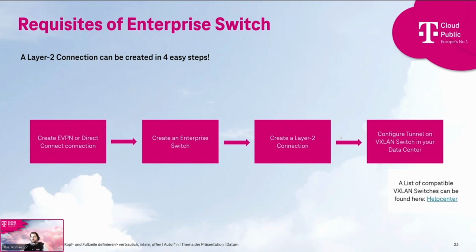For the last step, you have to configure the VXLAN switch on your side in your data center, and a list of compatible VXLAN switches can be found in our help center. Also, the presentation will be uploaded later, so you can find this in our help center.